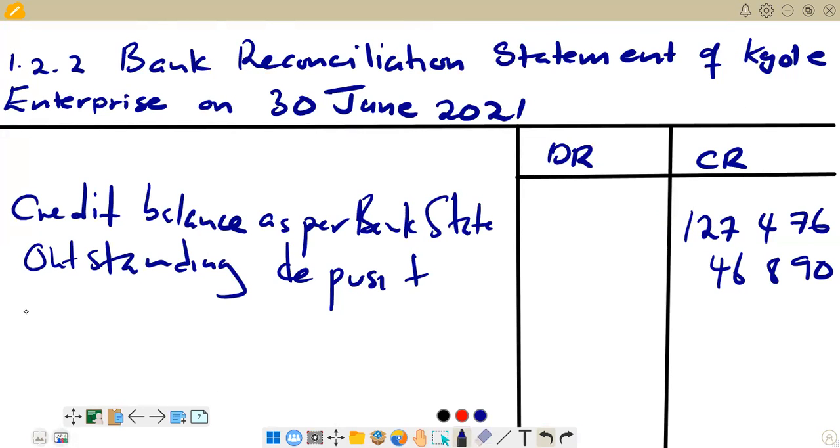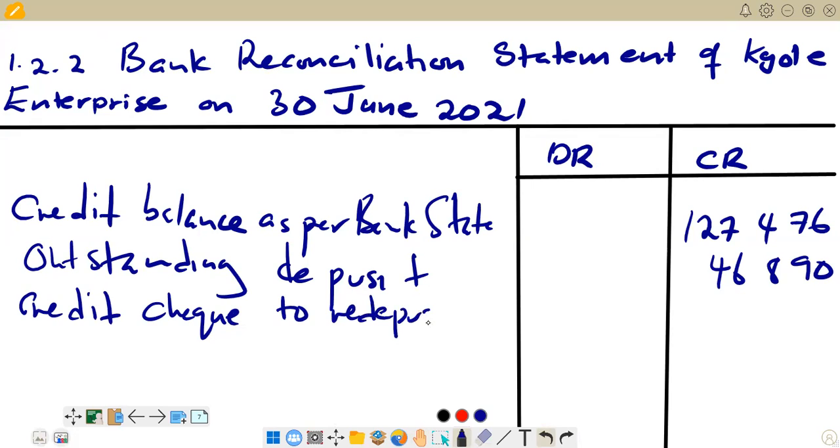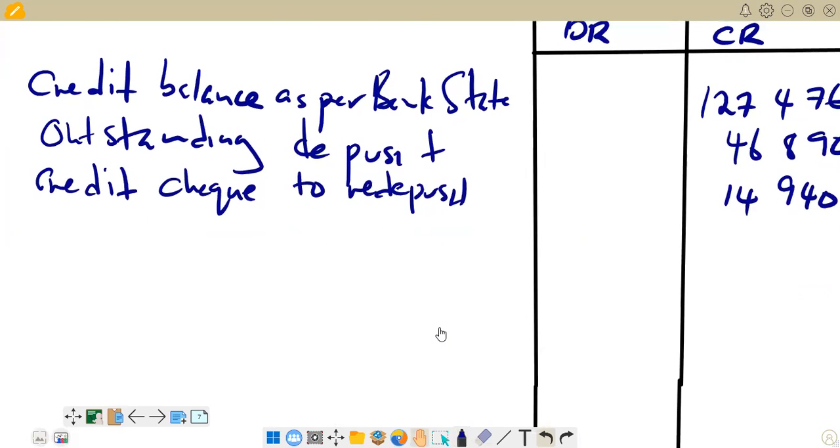And then we are saying credit check to redeposit. And remember, the figure that we're using there is 14,940. Right. This is what we have.